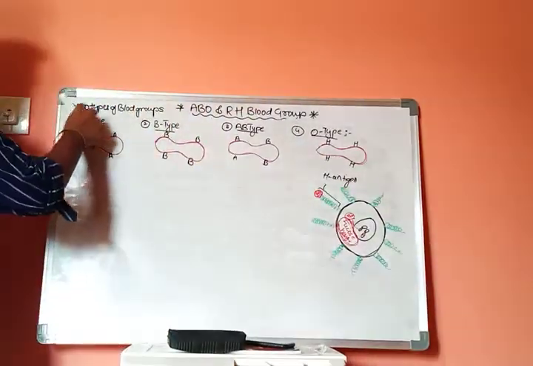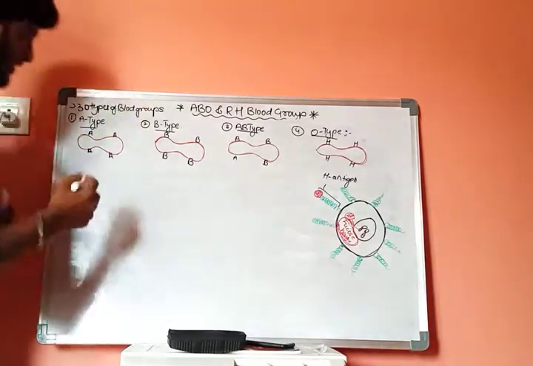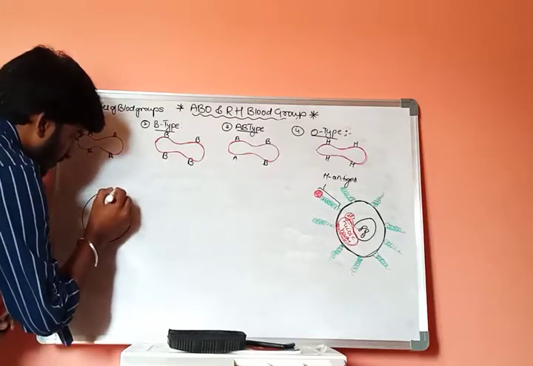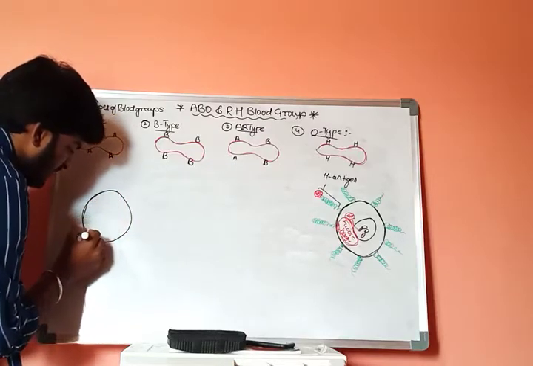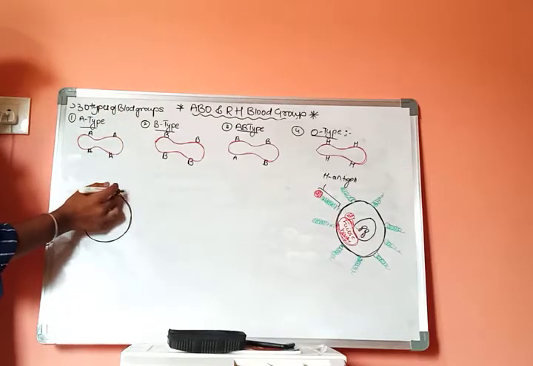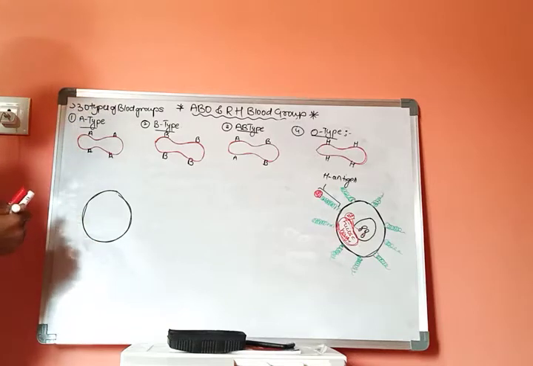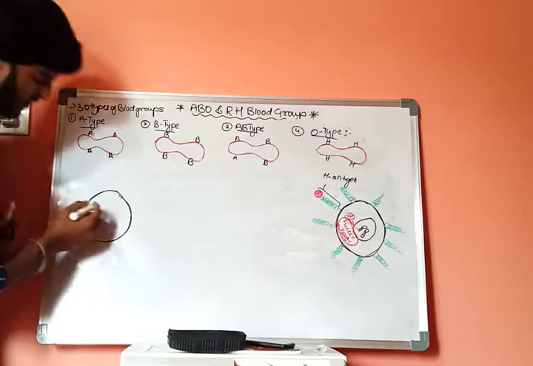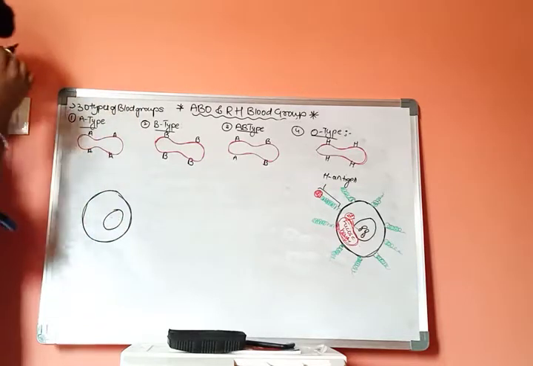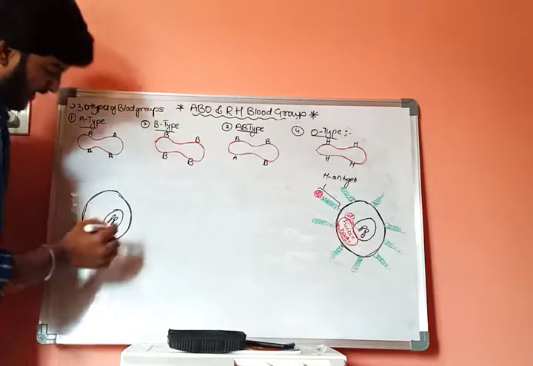When we discuss the production of A type of antigen, let us consider the predominant cell of RBC, that is erythroblast, which contains a nucleus. In this nucleus, there is a pair of chromosome number 9.